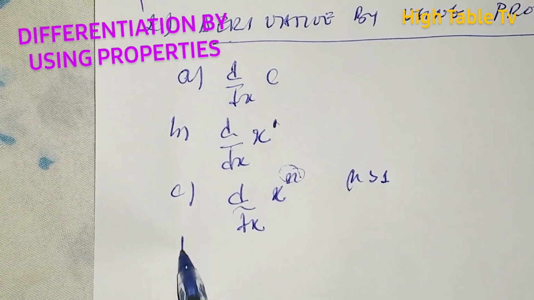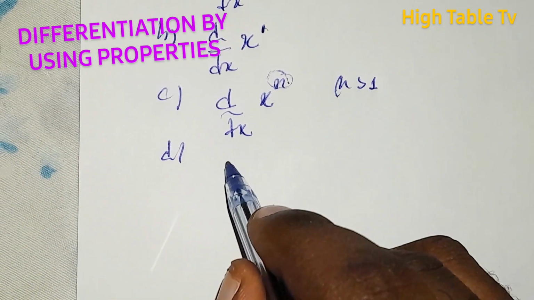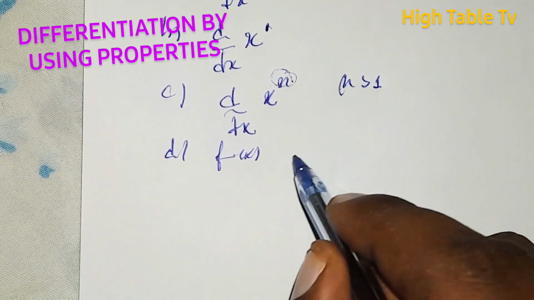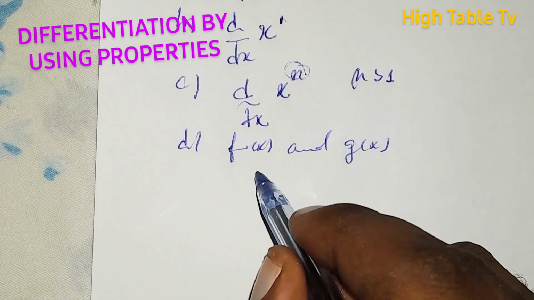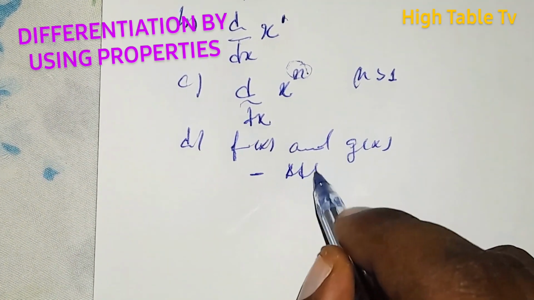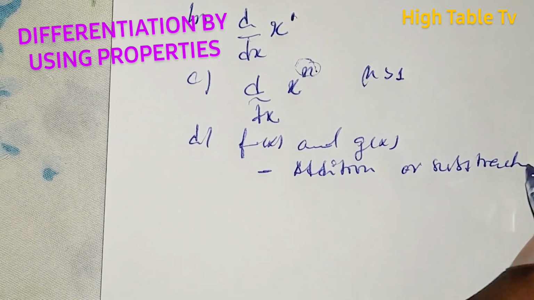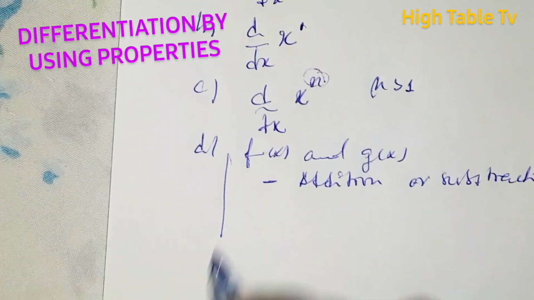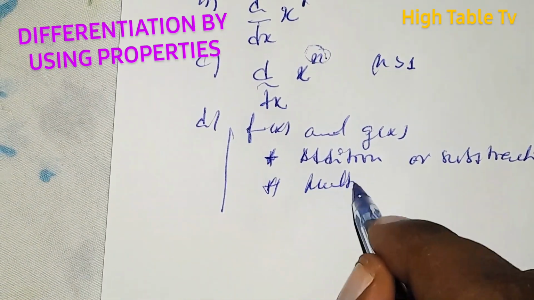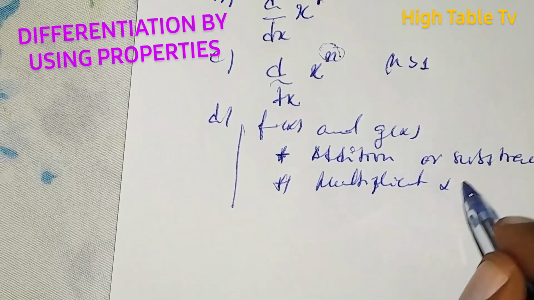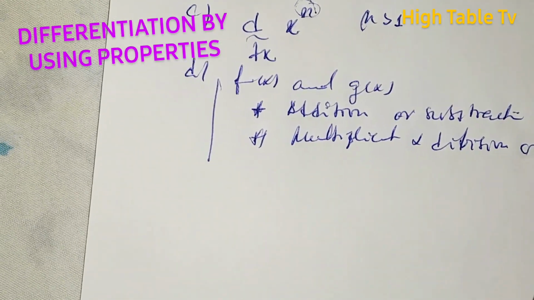And for the fourth property, we talk about the derivative when you have two functions, for example f(x) and g(x). How can we make the derivative of the addition or subtraction, and then also of the multiplication and the division, or quotient.